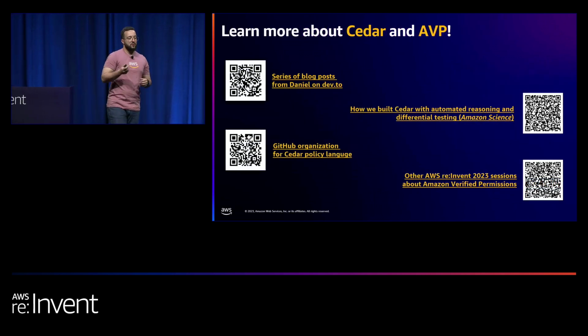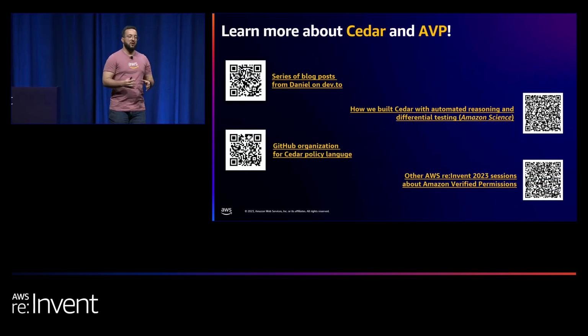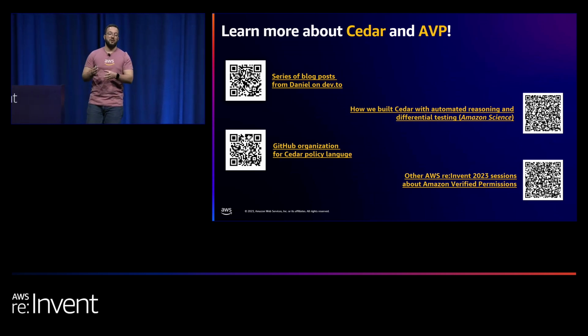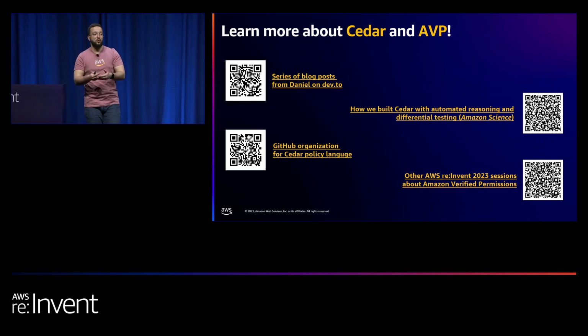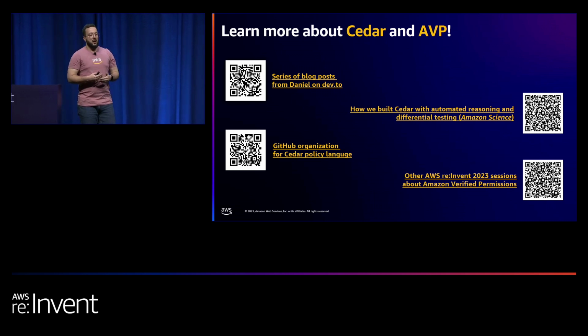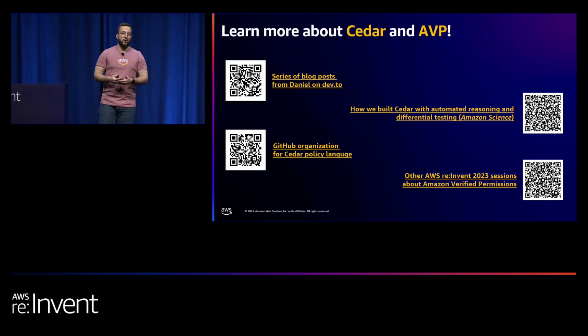And last but not least, if you are interested in more resources about AVP and Cedar, check out the blog post that Daniel prepared, check the GitHub organization for Cedar, and contribute in any way you would like to, either to the roadmap, or writing the bindings for your own language. Check other AWS re:Invent 2023 sessions about Amazon Verified Permissions.